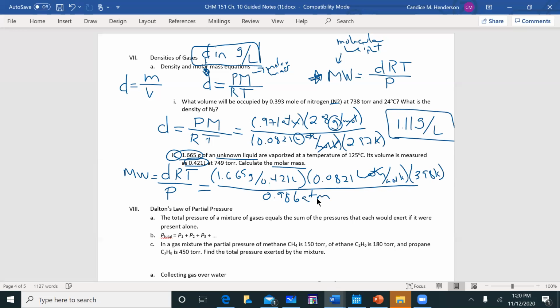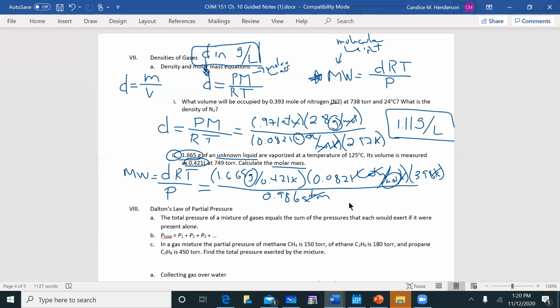I wrote it all out with the units so we can make sure that everything is canceling. Liter cancels with liter, Kelvin cancels with Kelvin. And then we have gram and mole. Gram per mole, right? This is under a fraction bar. So that in fact is the unit of molecular weight, gram per mole.